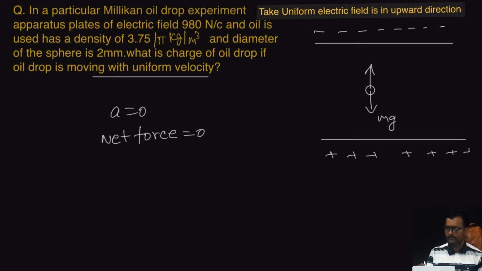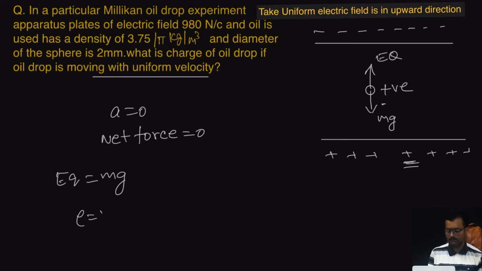So the electrostatic force should be opposite to the gravitational force. This charge should be positive because the positive plate repels positive charge in the upward direction. So the upward force is the electrostatic force, EQ, and EQ is equal to mg.